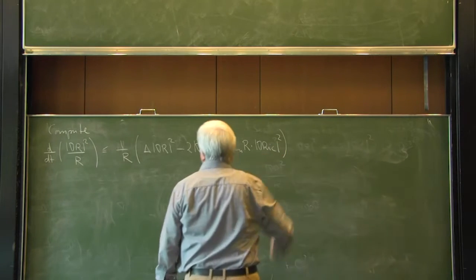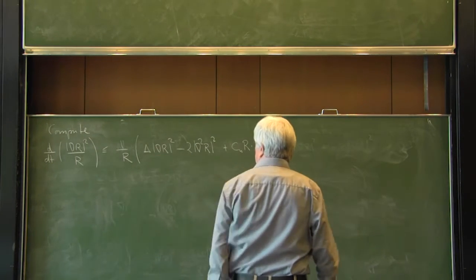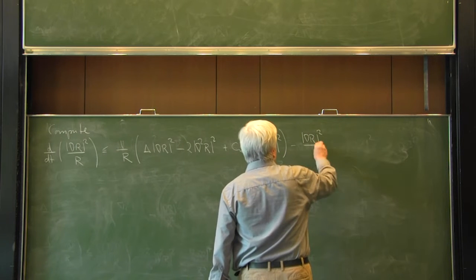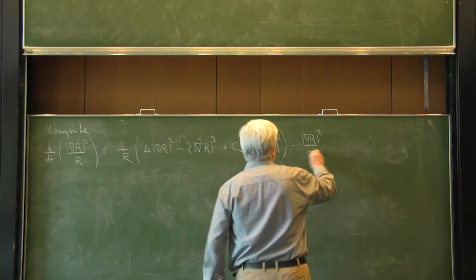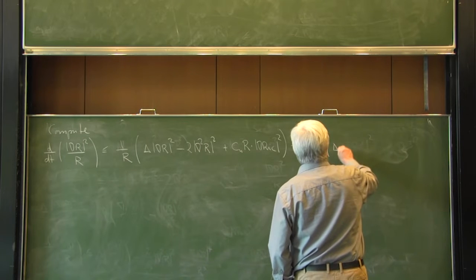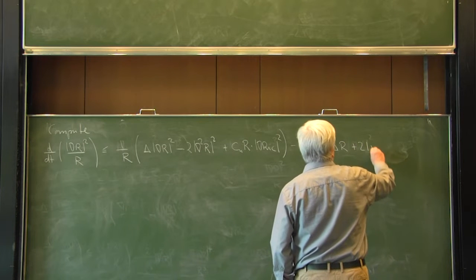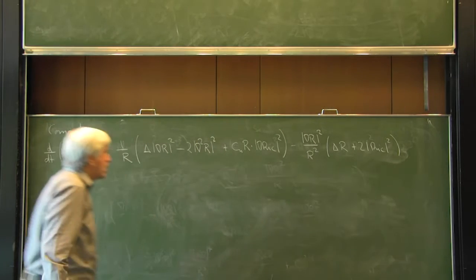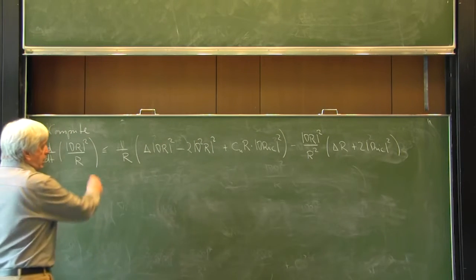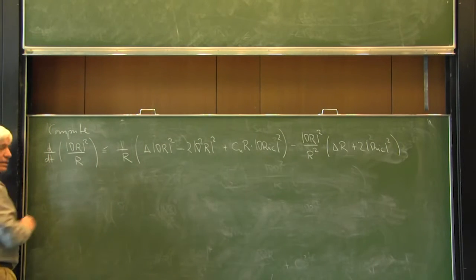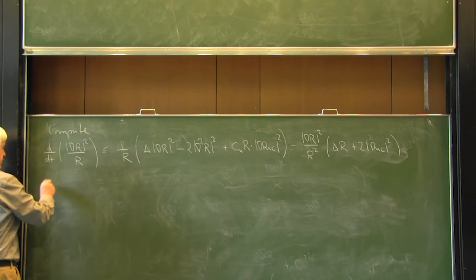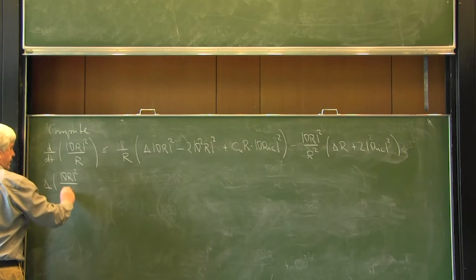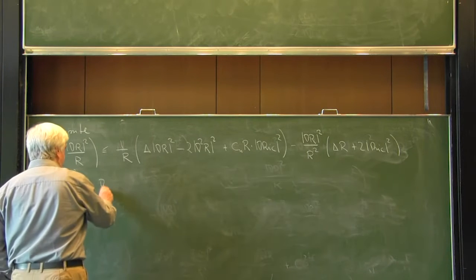And then we had from the denominator minus gradient R squared over R squared times the Laplacian of R plus 2 times the Ricci curvature squared. And now, of course, we want this to look like the Laplacian of this quantity, so let's just compute the Laplacian of this quantity and then just do the quotient rule.